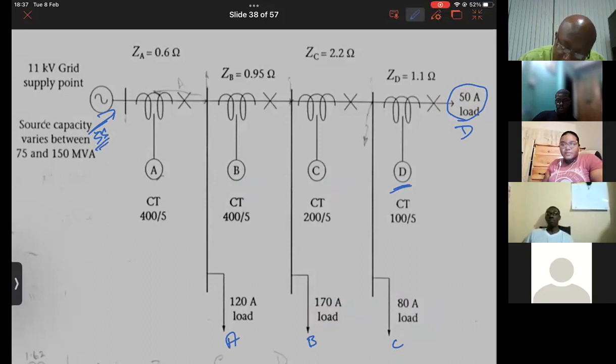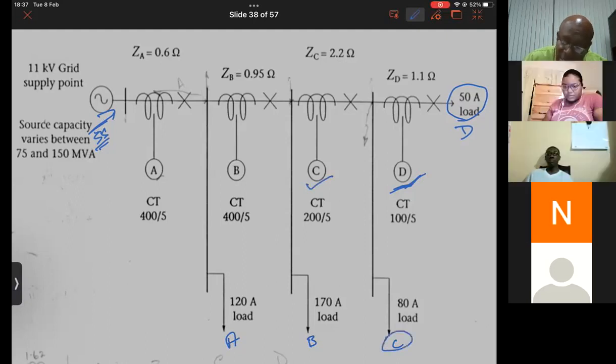The 50 amperes in terms of maximum load must pass through D. For C, it must carry C and D as maximum load. So it must carry the community immediately after, and it must carry the community down the road.